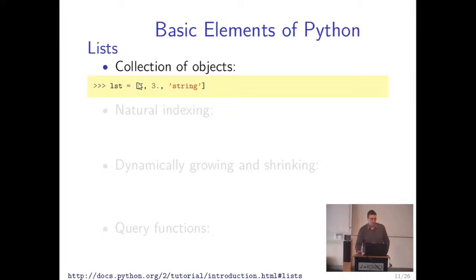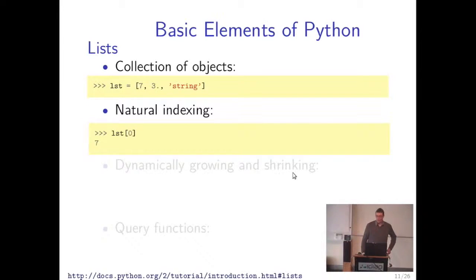Here, for example, I put in an integer 7, a float 3, a string, but you can also put in objects, functions, classes, whatever you like. When you're coming from MATLAB, maybe you might be surprised that indexing starts at 0, but this is the case in most, I would say, good programming languages.